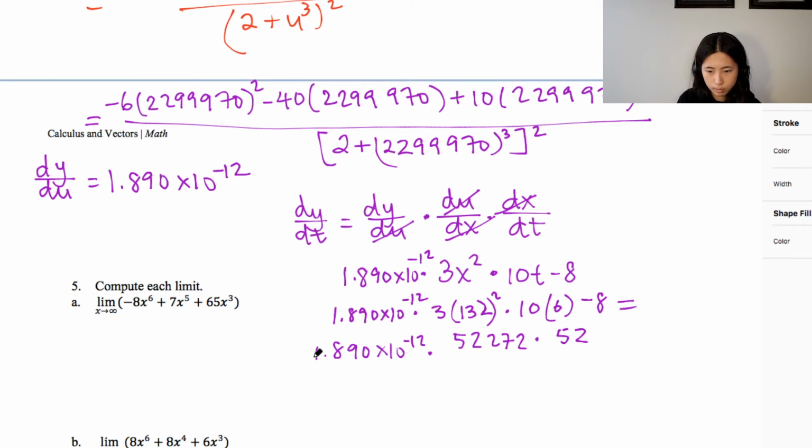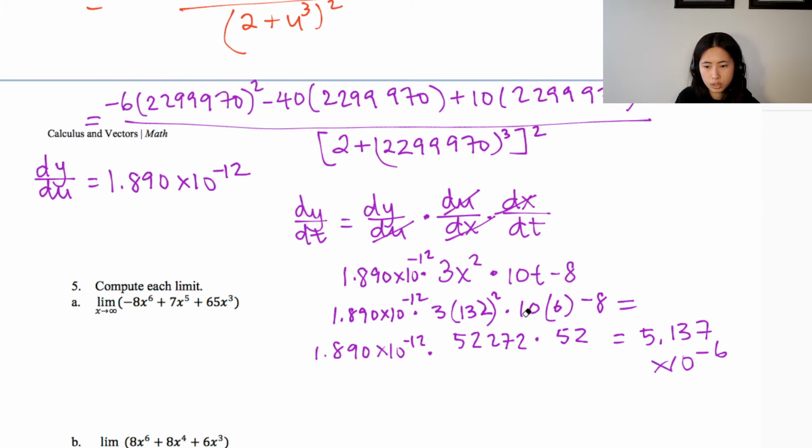And all you have to do is multiply the whole thing. So that's going to be 1.890 times 10 to the -12 times 52,272, and you're multiplying this by 52. Okay, so this is about 5.137 times 10 to the power of -6.